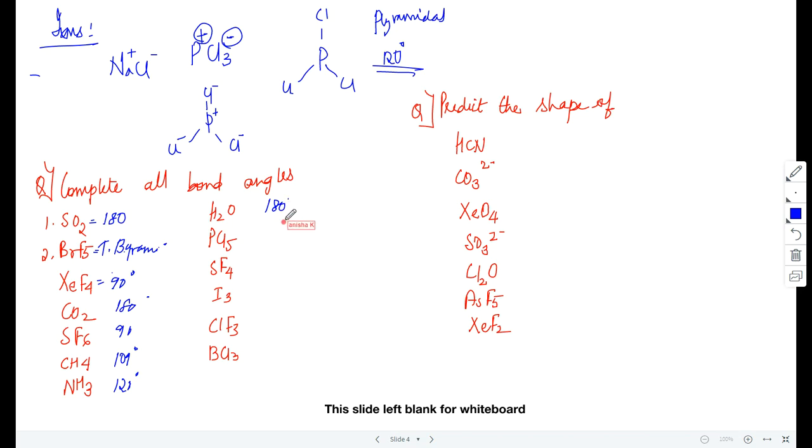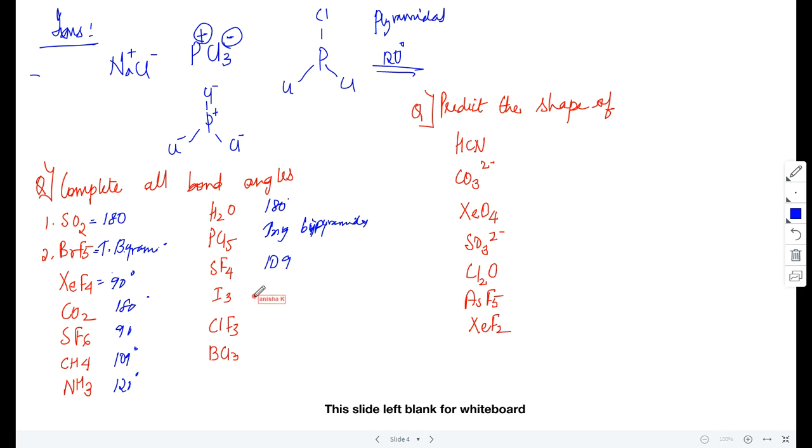Number 9 is a trigonal bipyramid, so that doesn't have an angle. Okay, I get it. The next one is 109.